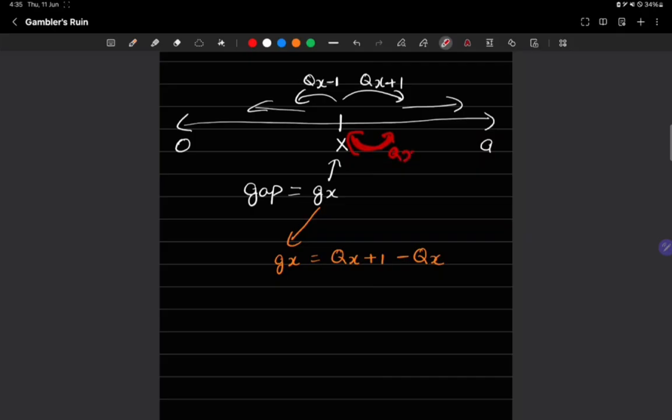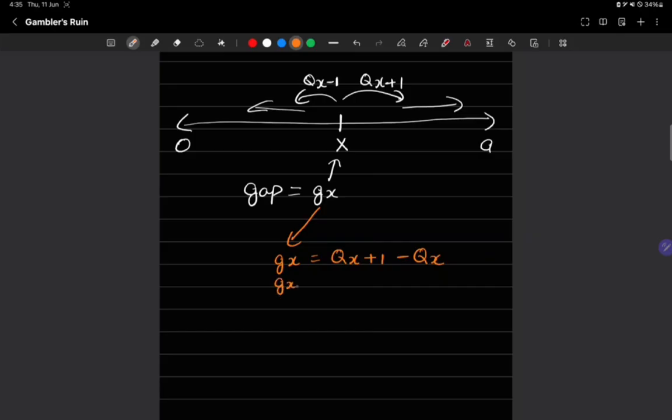This is our Qx plus 1 and this is our Qx. The difference here is called our gap. So this is the event that it's going forward near A.